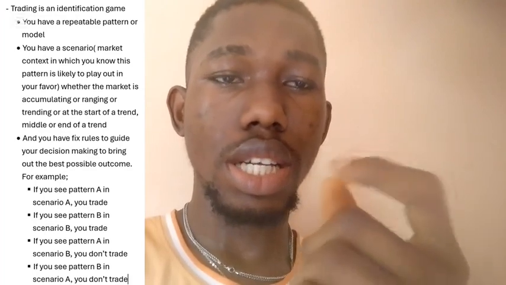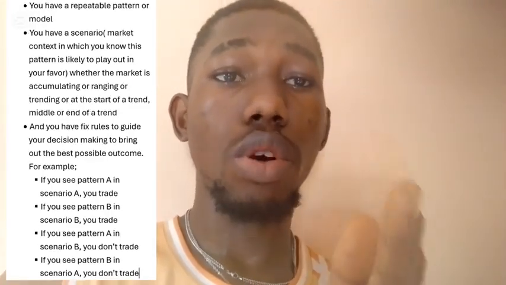Because when you're analyzing, you're seeking to take a trade that will work for you. So if you know how to analyze properly, you will know that you should focus on identifying the pattern that works for you and knowing the scenario in which that market pattern will work. That is very important.